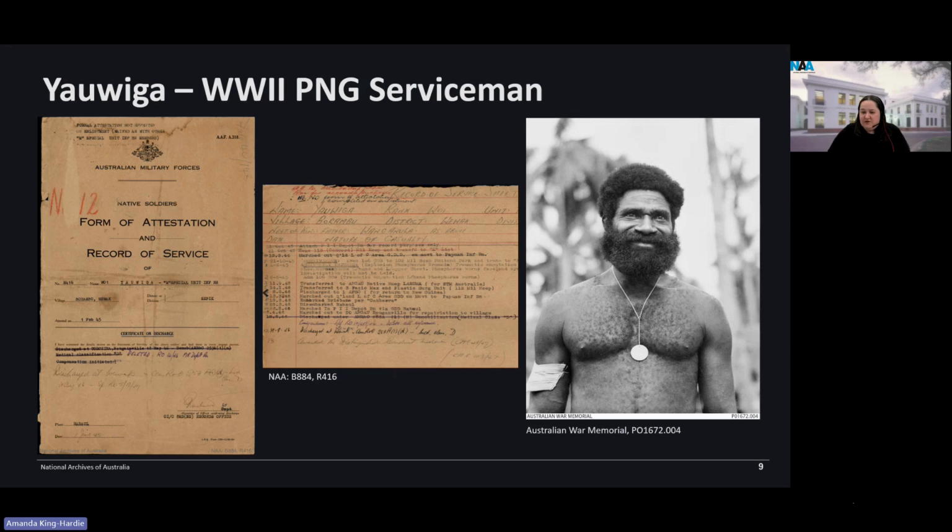Afterwards, he was sent to Brisbane for special training before returning to Bougainville in October 1944 with Allied Intelligence Bureau guerrilla forces. So you can see there we've got some pages from his service record as well as a photograph that's from the War Memorial.